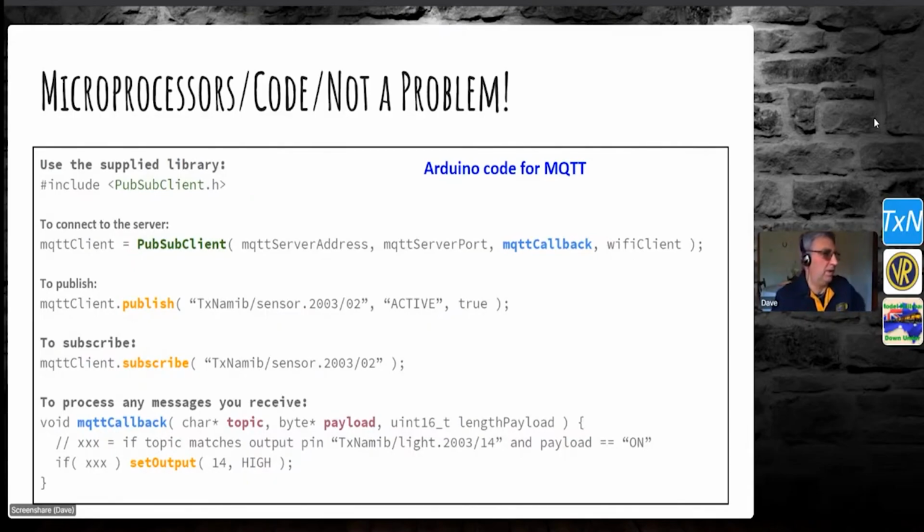Looking at the second statement there, the MQTT client statement, that's where it's establishing the connection to the MQTT server. And in the blue text is the name of the section of code that is going to run when a message is detected that it needs to process.